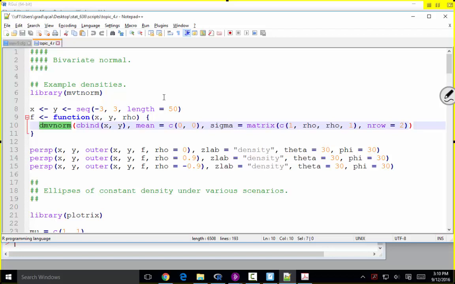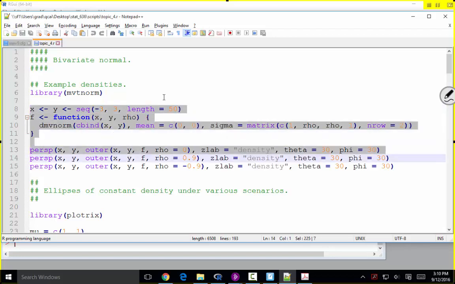So there's a dmvnorm, there's an r, there's a p, and there's a q. They all do the same thing. Same thing for Poisson, binomial, all the named distributions. They'll have 4 different functions that you can use for them. Density, CDF, random numbers, and quantiles. I'm evaluating the density. We're going to move x and y over a grid of values and evaluate the density at each one.